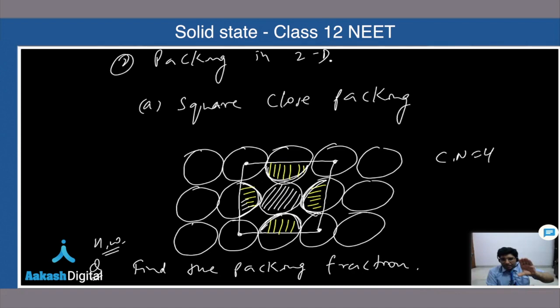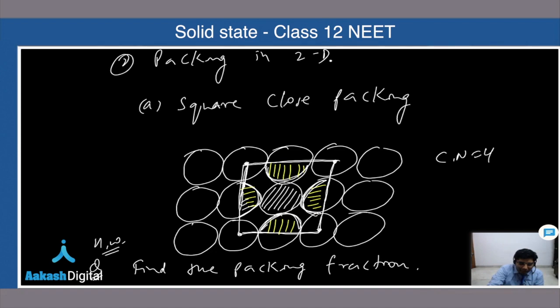Yes, we found the volume of the sphere divided by the volume of the cube. This is 2D. Now here in 2 dimensions, you have to find out the area, not volume, area.